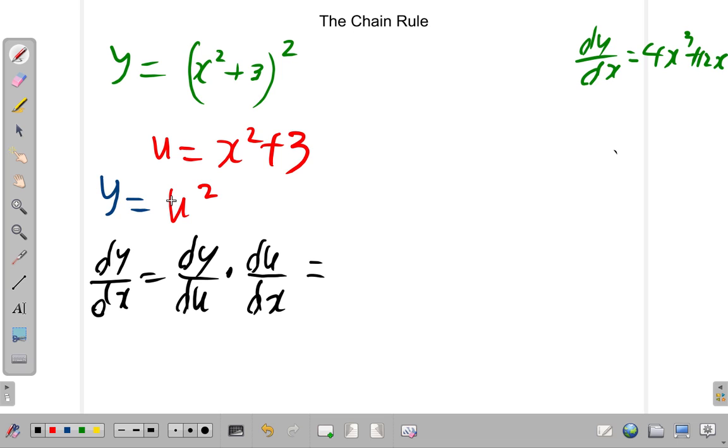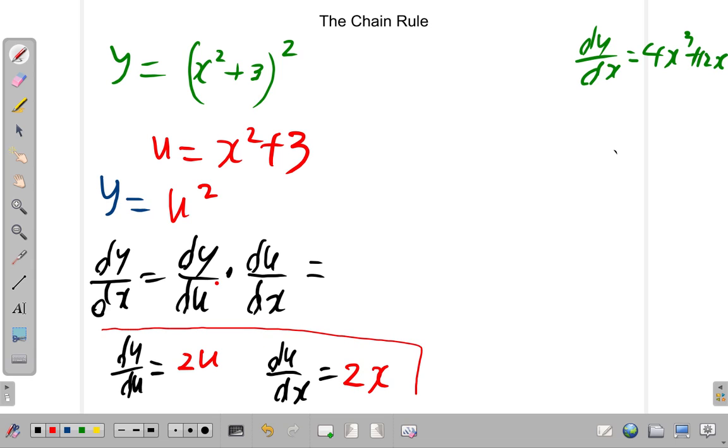When you look at this, using the power rule, dy by du is 2u. And what is du by dx? Du by dx is multiply by 2, x to the 2 minus 1, it is just 2x.